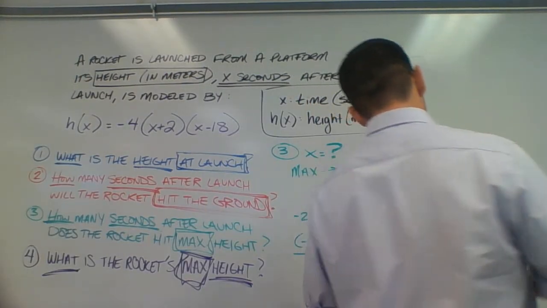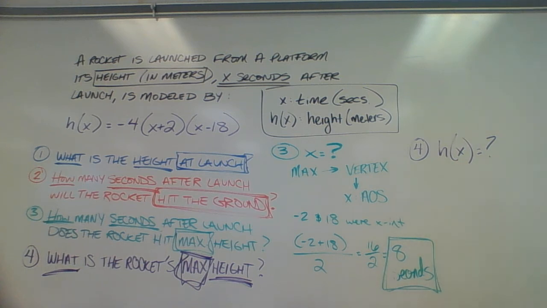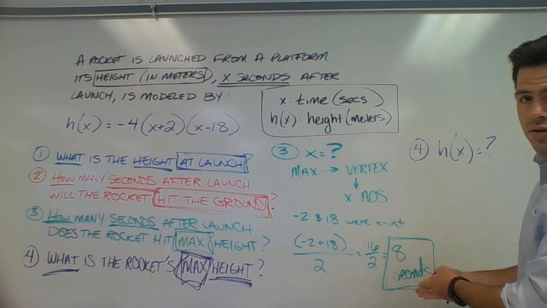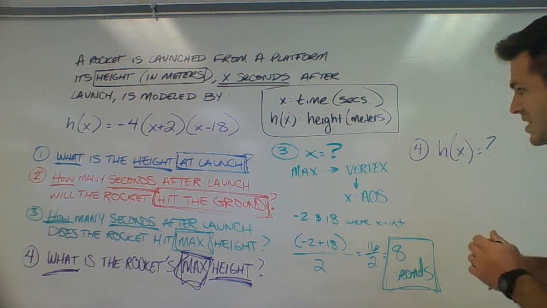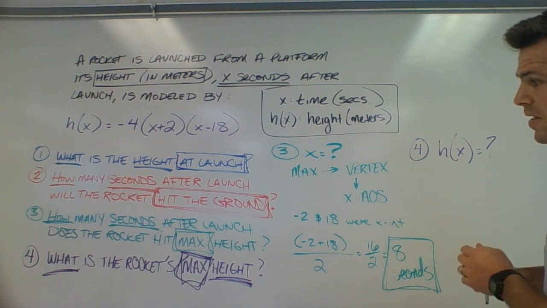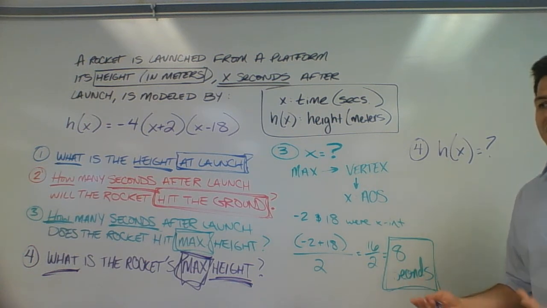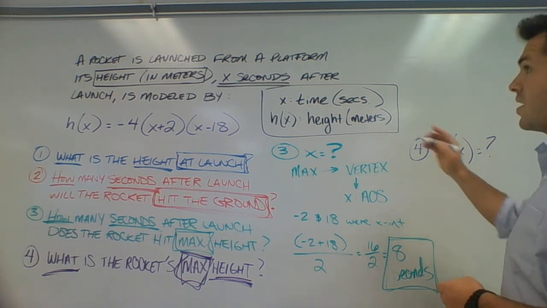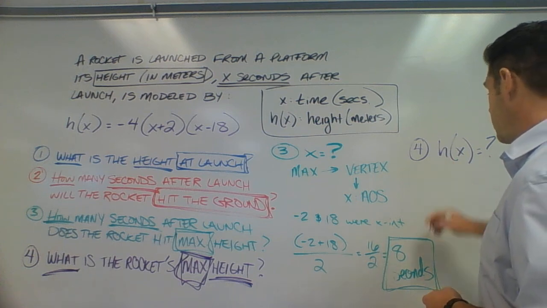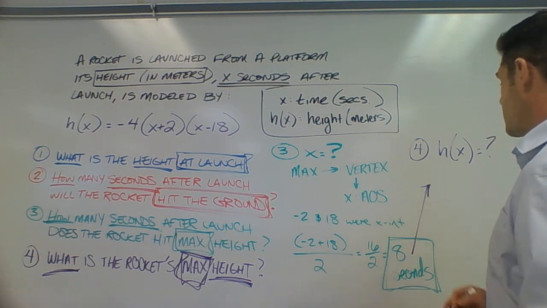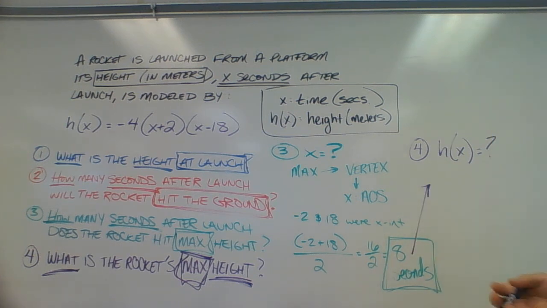So if we're trying to figure out height here, and we're needing a time measurement, we already just figured out in the last question that it would be 8 seconds for the rocket to get to that maximum location. Now we can plug that 8 seconds in to get the actual height for this rocket. So I'm going to take our function and plug in 8 seconds. Why am I plugging in 8 seconds? Because at 8 seconds, we know that we're going to have the maximum height.